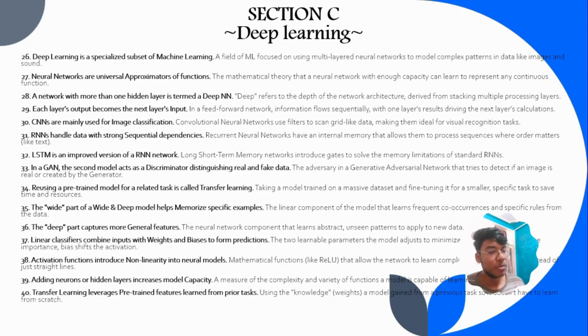The deep part of the model looks for hidden abstract connections, like realizing that people who buy sci-fi books might look for tech gadgets. The deep part captures more general, more abstract features.